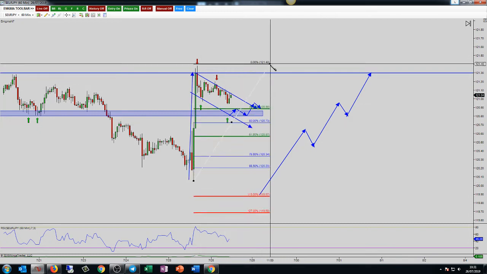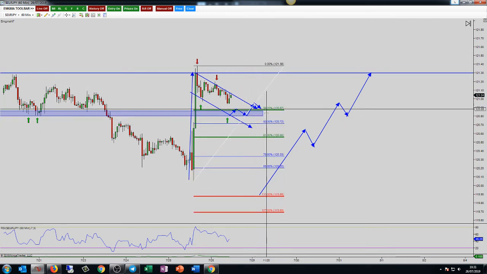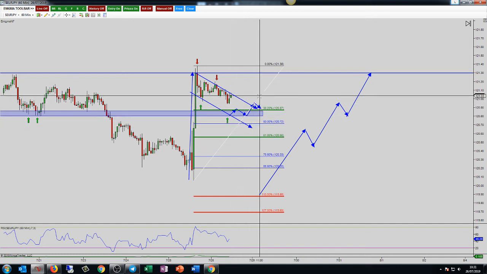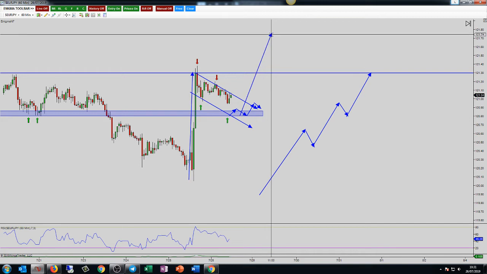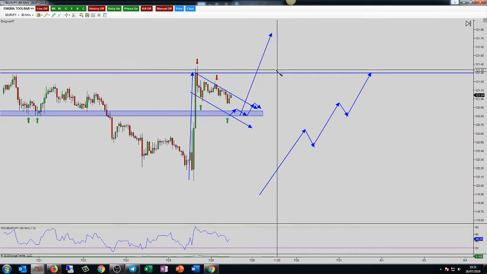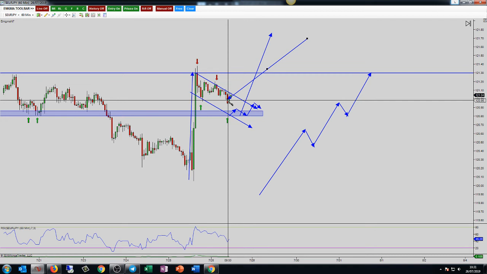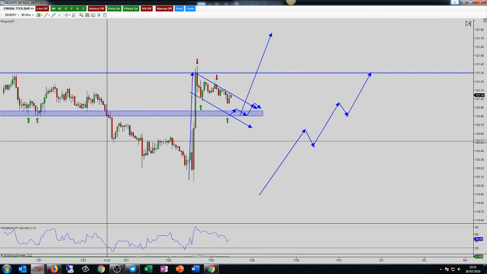And if we put a fib on and we come down to say the 382 in this level, or the 50%, then this would have a higher probability of rallying to that 127 target, because we're seeing a smaller retracement.